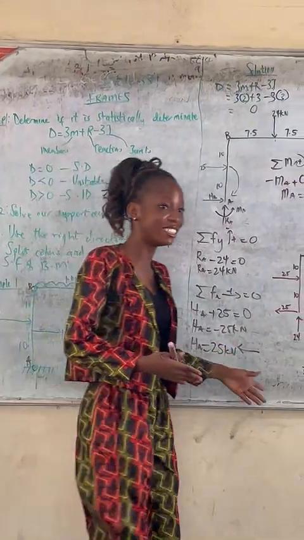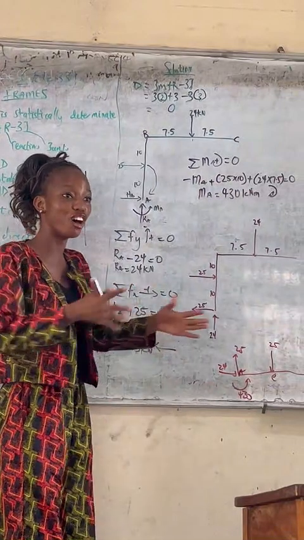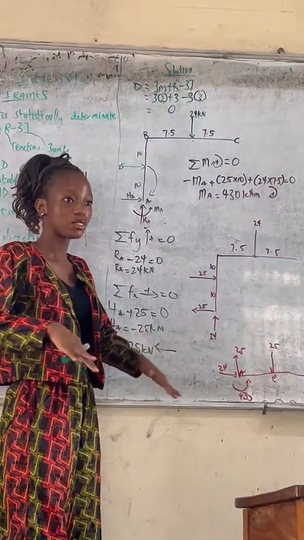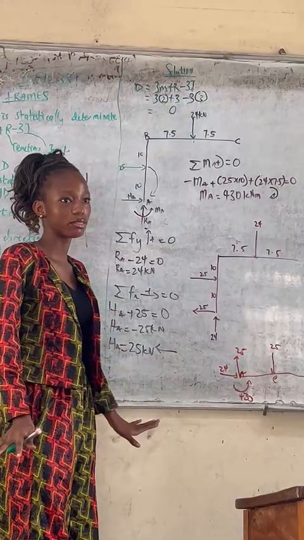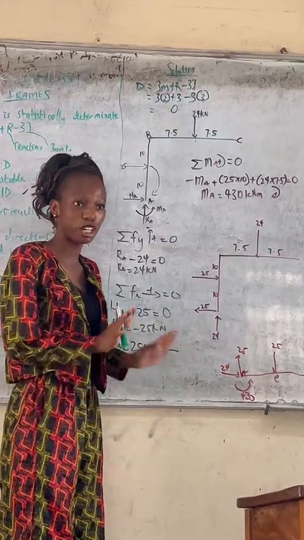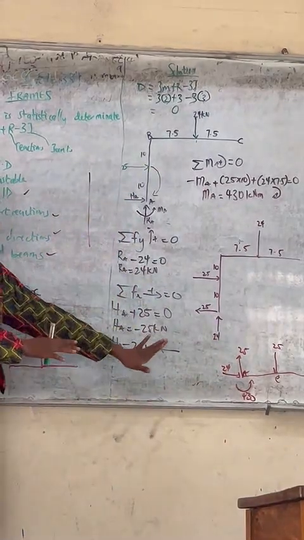You actually need this in the method of sections, but you need to draw your shear and bending moment first. So we want to draw the shape from this question directly.